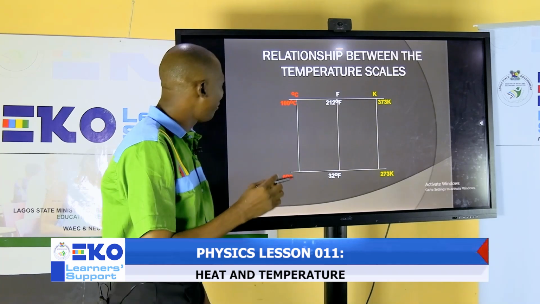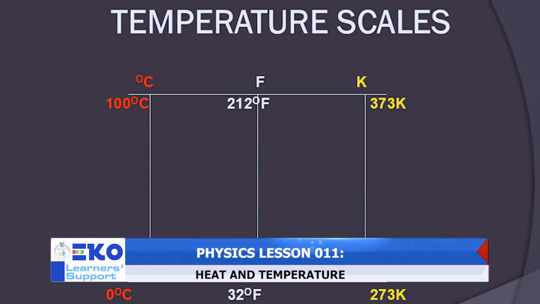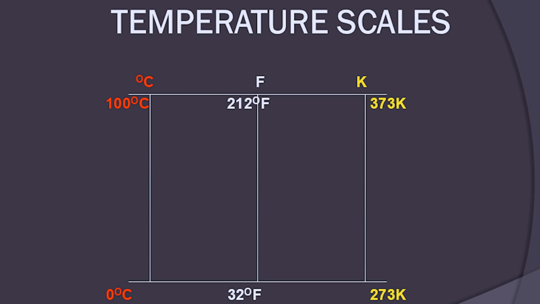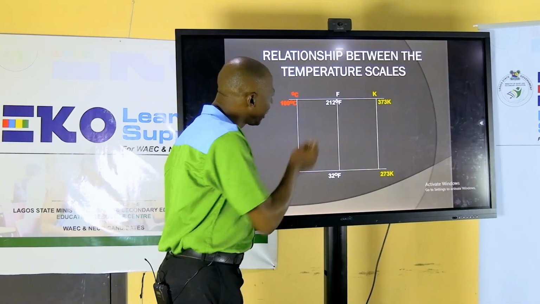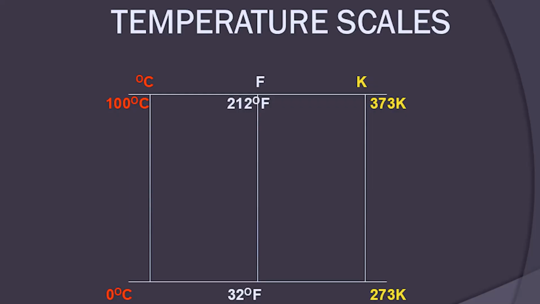For the Celsius or centigrade scale, the upper fixed point is 100 degrees centigrade, while the lower fixed point is 0 degrees centigrade. For Fahrenheit, the upper fixed point is 212 degrees Fahrenheit, and the lower fixed point is 32 degrees. However, for Kelvin, the upper fixed point is 373, and the lower fixed point is 273.